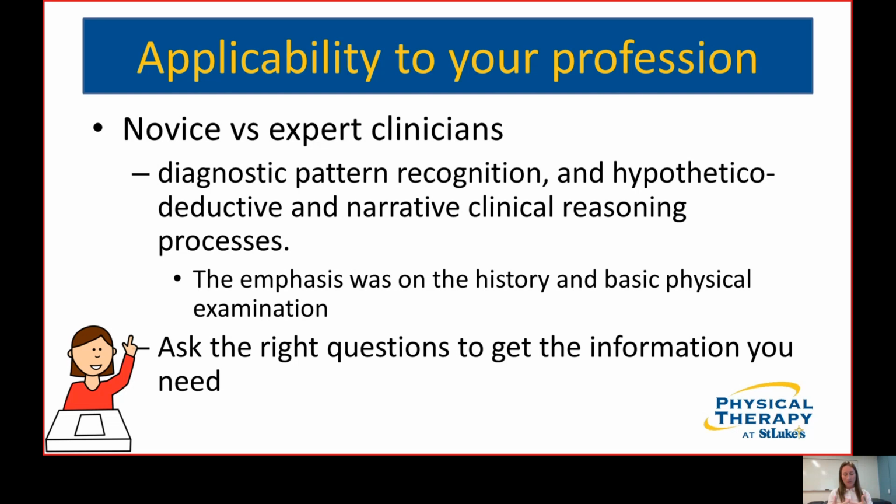And so when we look through all this research of where the most effective clinicians are, they're finding that the most effective clinicians have a really solid history and they can do a pretty basic physical exam on that. So we have to ask the right questions. We have to get the right information because that's only going to give us a fair fighting chance to evaluate the things we need. When your patient says, oh, I get up and it hurts, but then I start walking and it feels better, versus I get up and then after I start walking, it hurts.